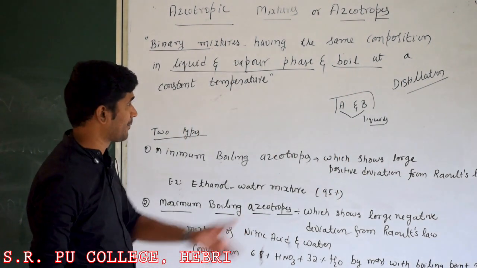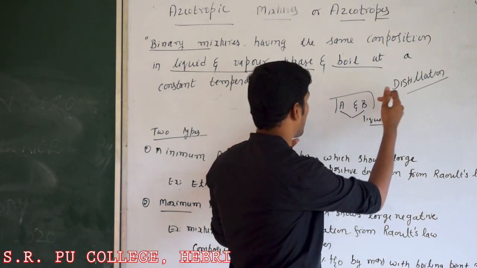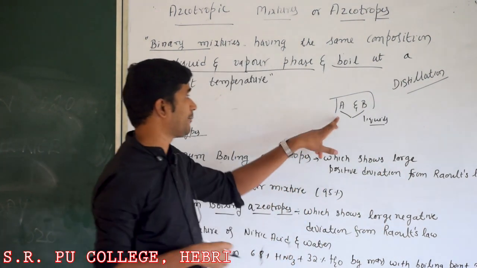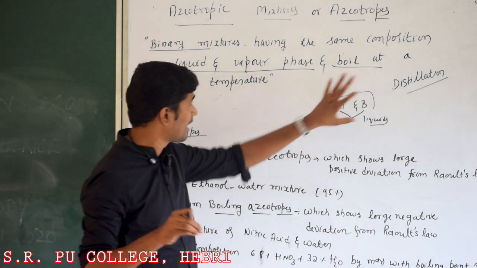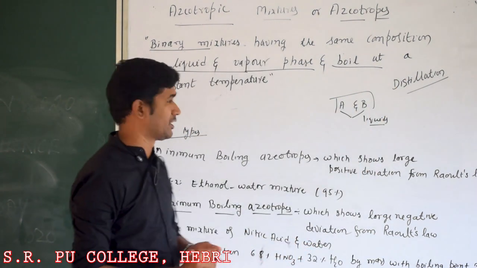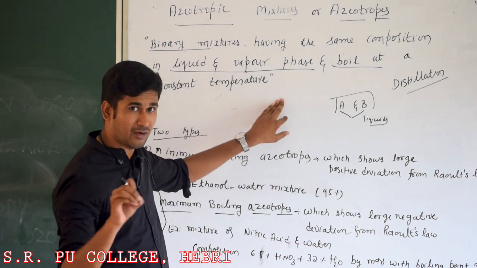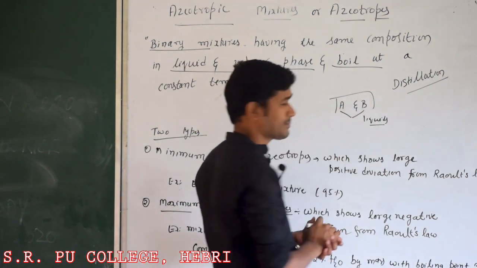Due to this, they have the same composition in vapor and liquid phase and they boil at a constant temperature. When you mix two liquids A and B, the rate of evaporation of A and B will be the same at a certain composition or concentration, and both liquids will boil at the same, constant temperature. That's why separation of these two liquids becomes difficult.